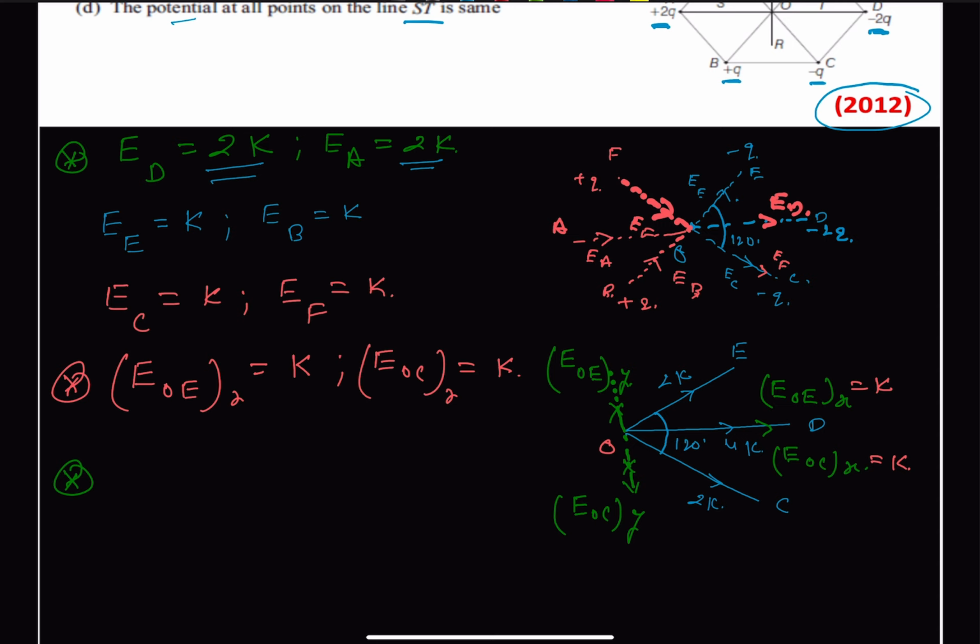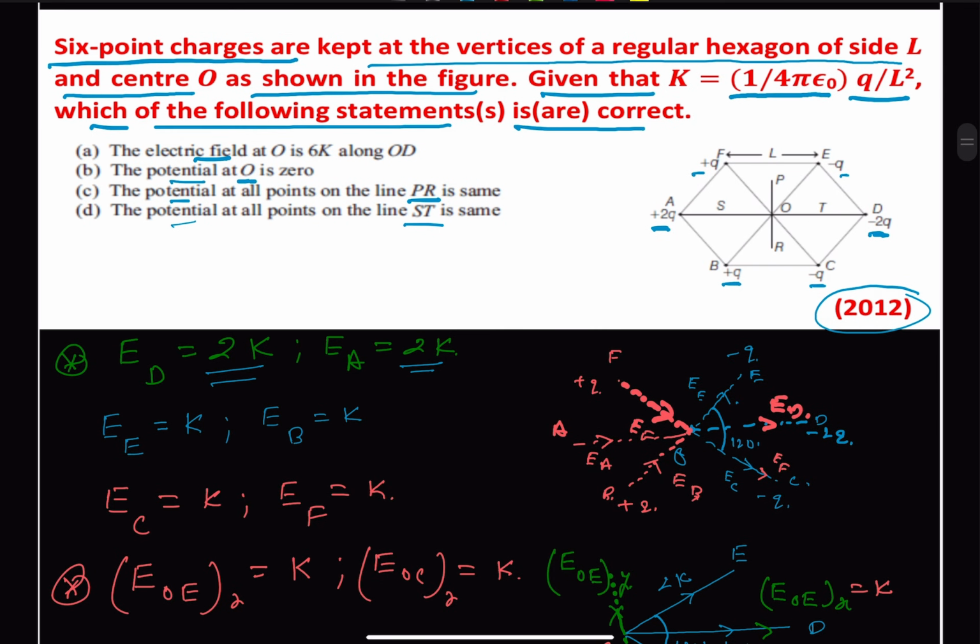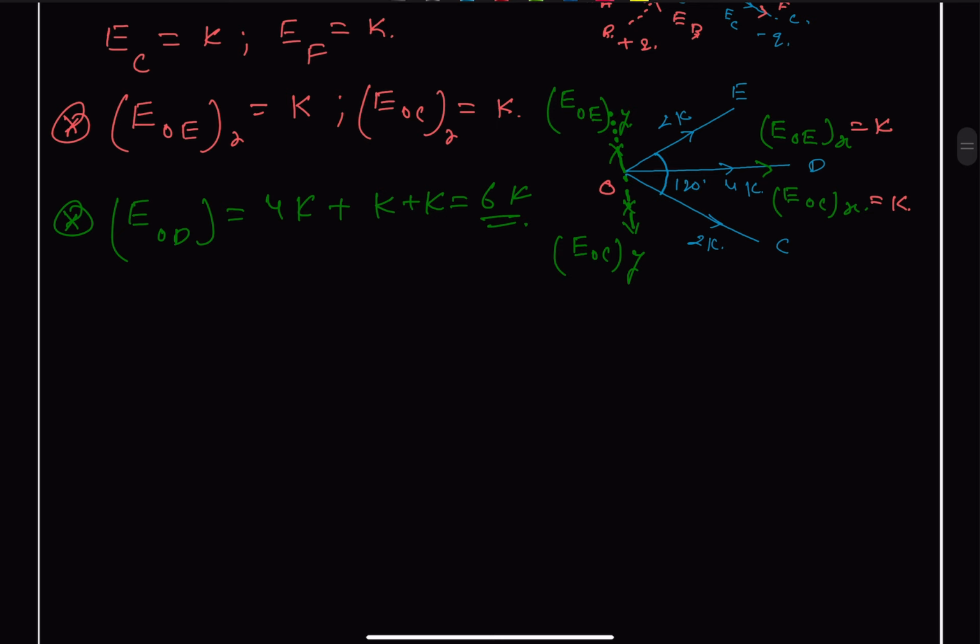So we get the net electric field in the direction of OD equal to 4K plus K plus K, which gives us 6K. Therefore it is along OD, option A is correct.